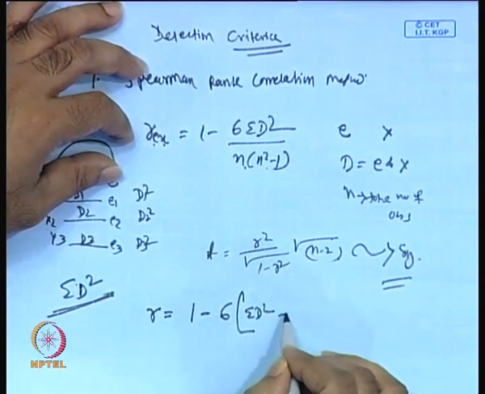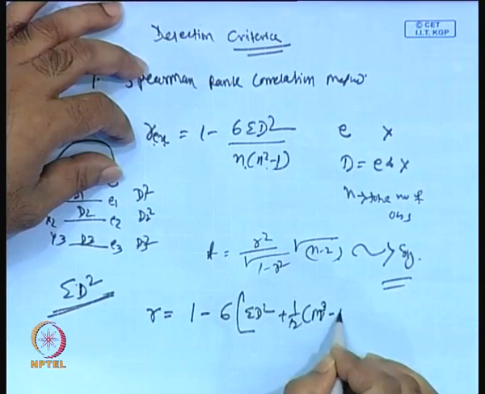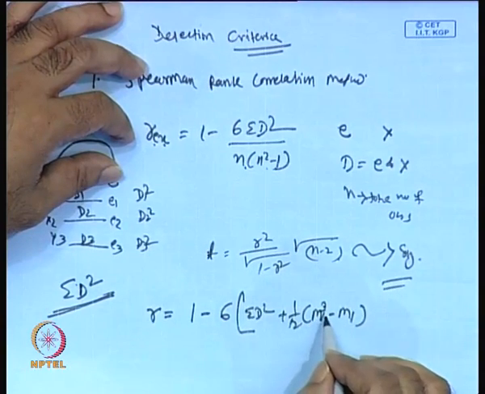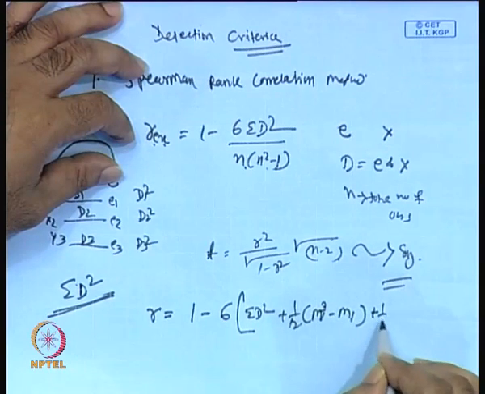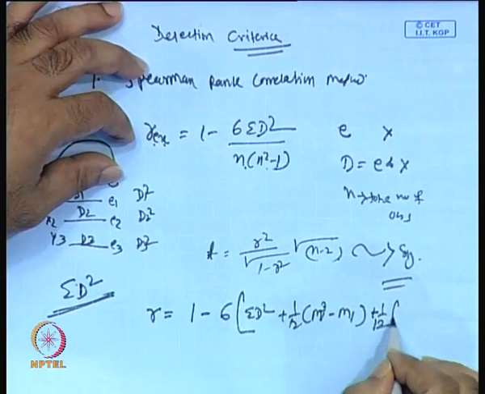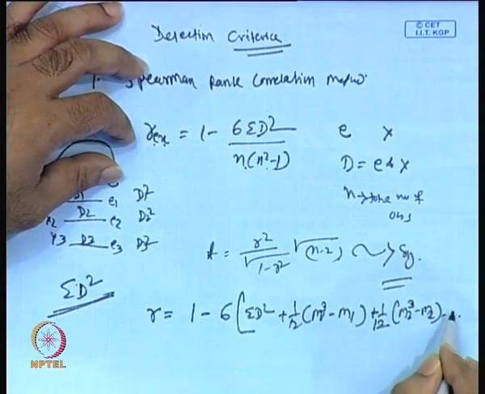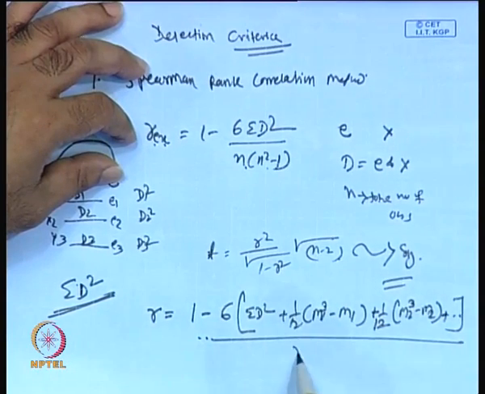Then 1 plus 12 into M1 to the power 3 minus M1, that means M1 into M1 square minus 1, then plus 1 by 12, then M2 cubed minus M2. So it will continue, like the number of equal ranks. Then divide by N into N square minus 1.